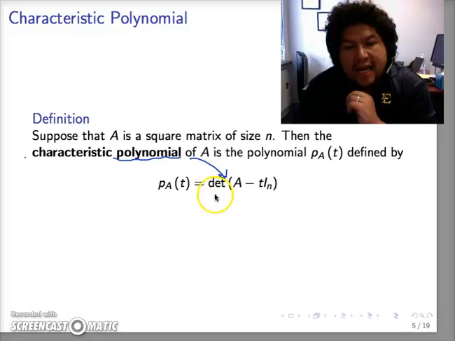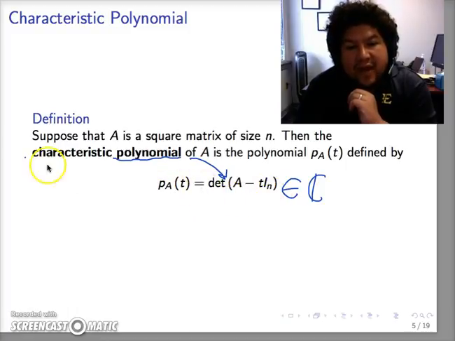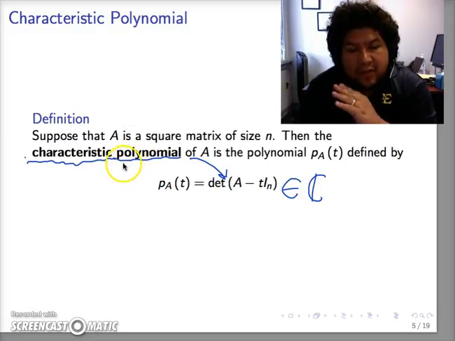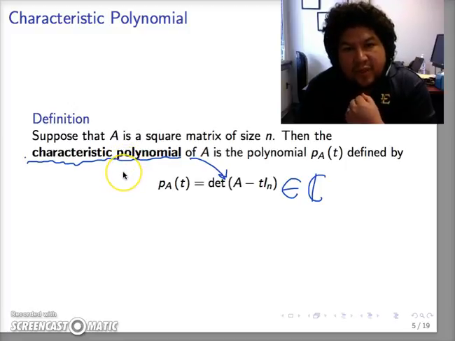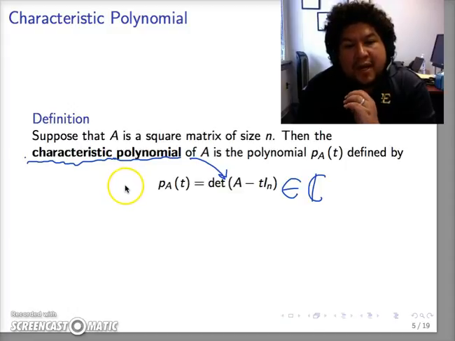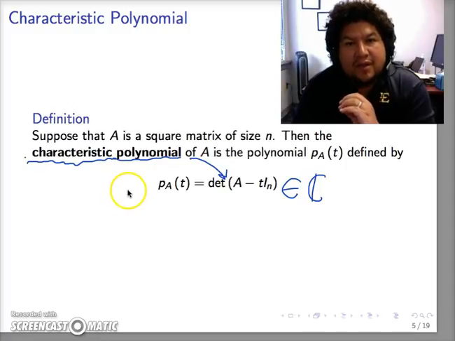This determinant is a scalar, a complex number, but in fact it is an expression that is a polynomial, to be known from here forward as the characteristic polynomial. That characteristic polynomial has a very important role because the roots of that characteristic polynomial are the so-called eigenvalues of a matrix.